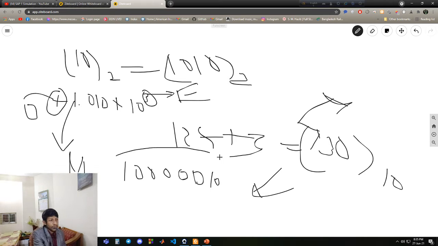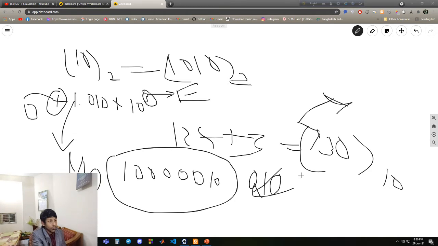So this is our biased exponent and the sign bit is 0, and the rest 23 bits will be 010 0100 0 and 5 more blocks of 0 of 4 bits.